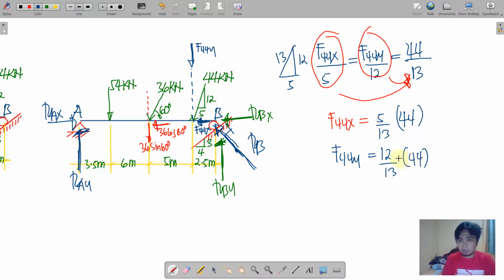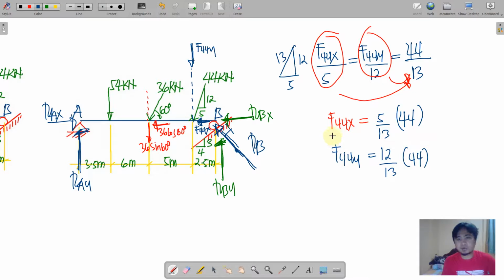So if we observe, we really do not need to do this one. Just remember that if we have component and the slope, you just pair your x to the horizontal slope and then divide it by the hypotenuse. So that is what has happened here.